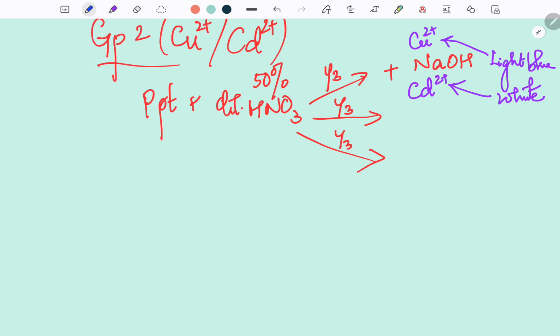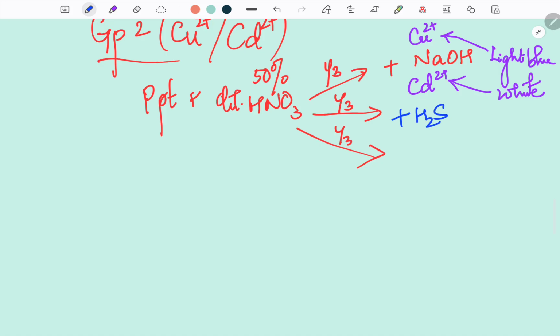The second confirmatory test is by passing H2S gas through this mixture. When you are passing H2S gas, if you are getting a yellow precipitate, that means cadmium ion is present. You cannot do the H2S test for copper. This is applicable only to cadmium.